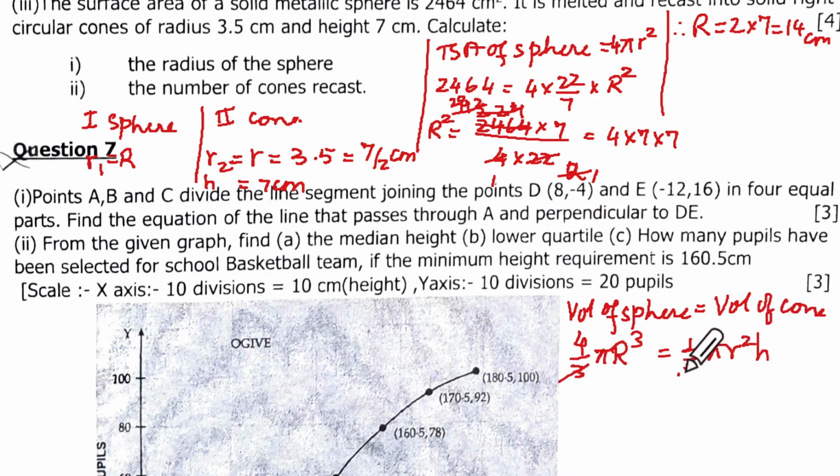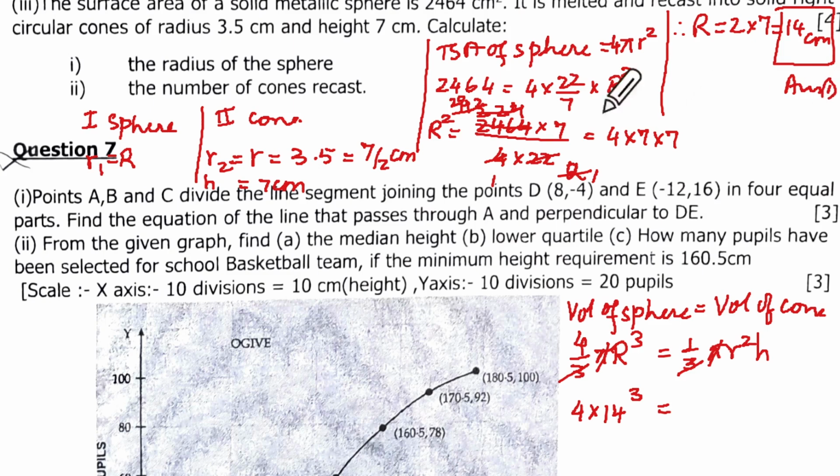This 3 and 3 got cancelled and pi also got cancelled. So we have 4 into, big R is 14, no? 14 cube equal to here. What are they saying? Calculate the radius of the sphere. So this is your answer 1.